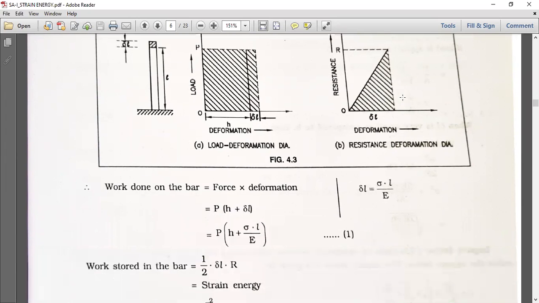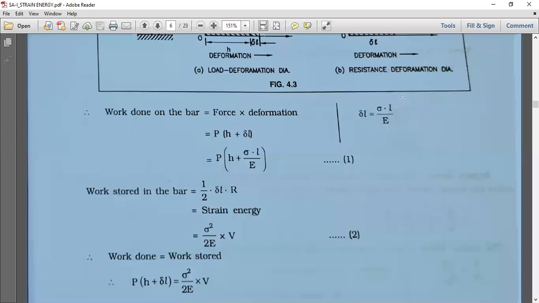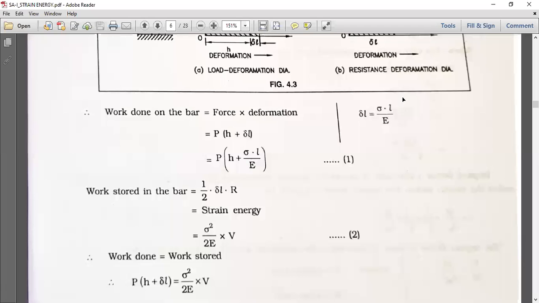Now, work done on the bar is equal to force into deformation. Force is equal to P, and deformation is the original height plus the change in length. That is P into (h plus delta L).